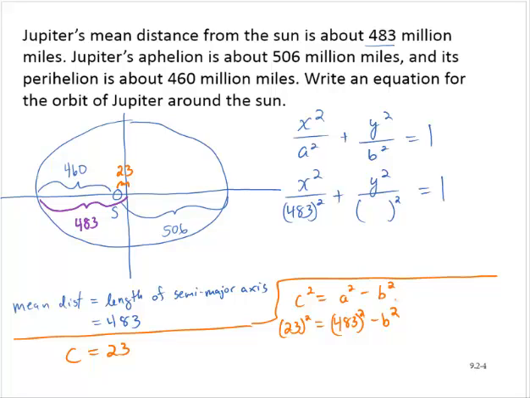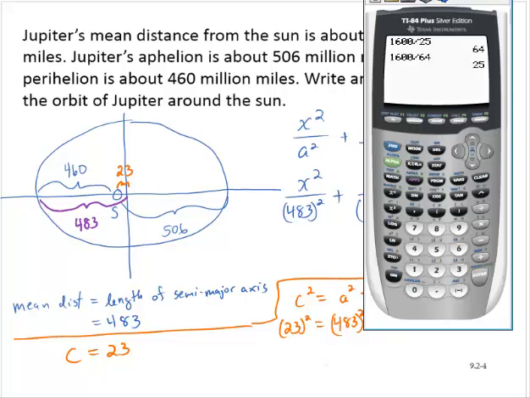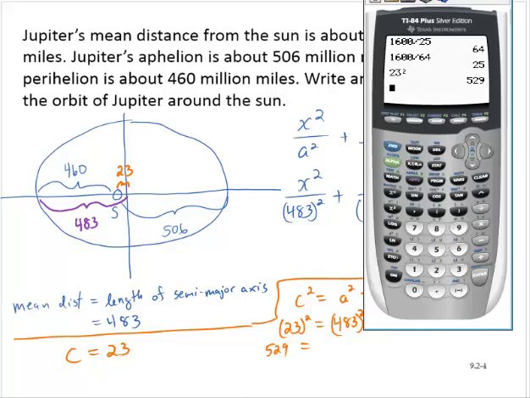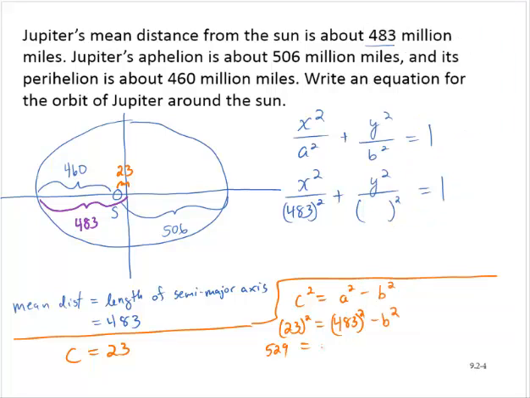So we would have 23 squared, 529, equals 483 squared, 233,289, minus b squared.